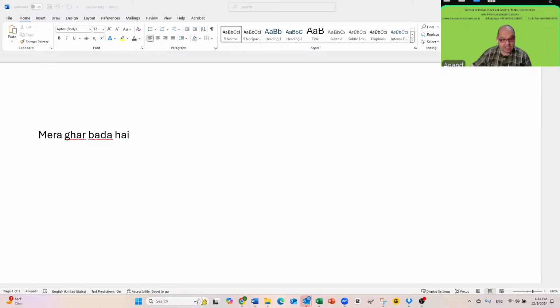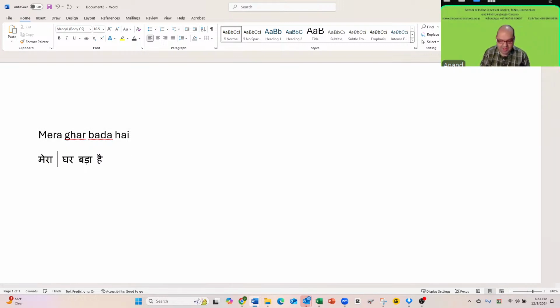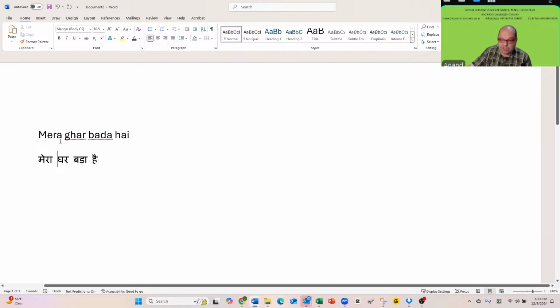So this is surely Hindi, but if I write it in the Hindi script, which is called Devanagari script, it is also Hindi. So if I wrote "Mera Ghar Bada Hai", this is also Hindi, but both of them are Hindi, right? Nobody in the world will come and say this is English. Understood? You spelled मेरा. Okay, I spelled it wrong. So Mera. Both of them are Hindi, right?